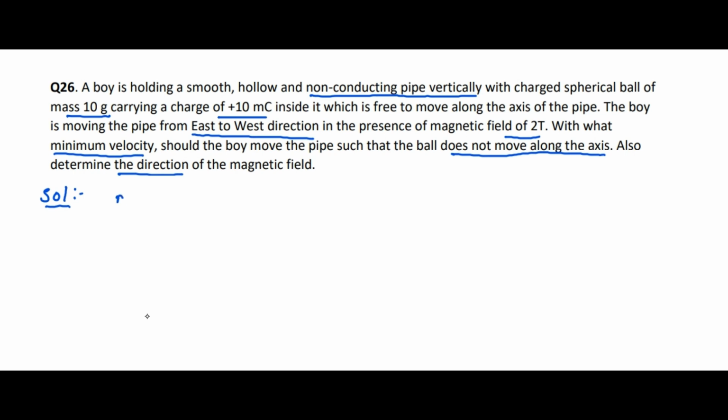The mass of the ball is 10 gram, that is 10 into 10 power minus 3 kilogram, and the charge Q is 10 millicoulomb, that is 10 into 10 power minus 3 coulomb, and the magnetic field given is 2 Tesla. Sorry, the boy is moving from east to west direction. The magnetic field is 2 Tesla.